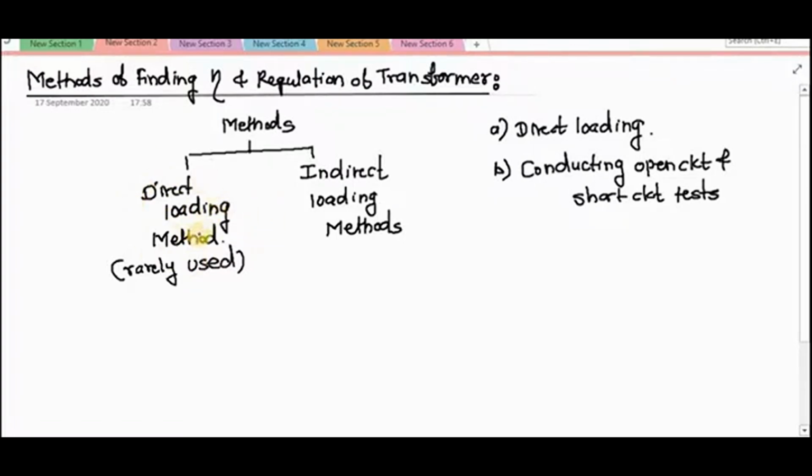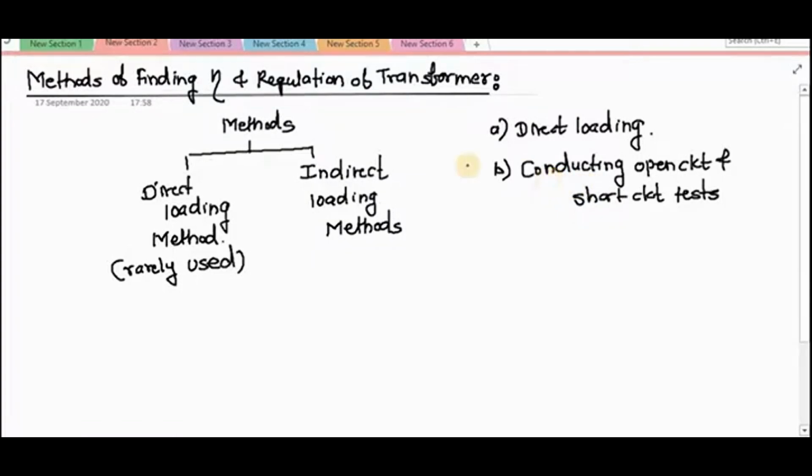Also, as we are connecting the load across the secondary of the transformer, a large power loss is involved during this test. So this method is rarely used. On the other hand, the open circuit and short circuit tests conducted on the transformer for finding out efficiency and regulation give us the desired results without actually loading the transformer.